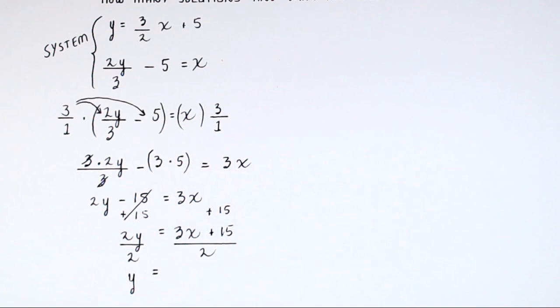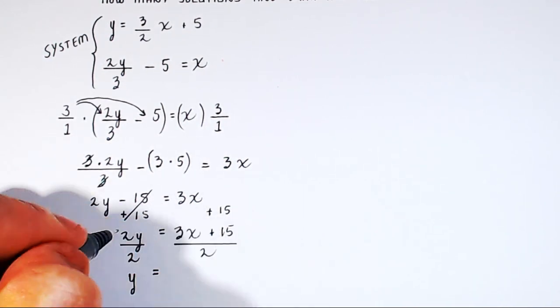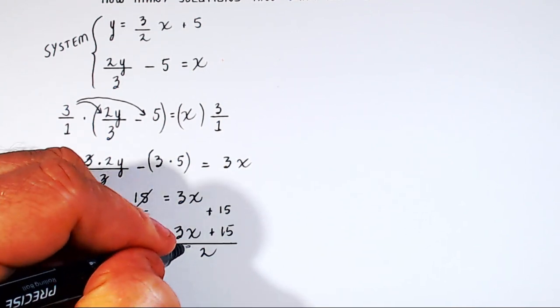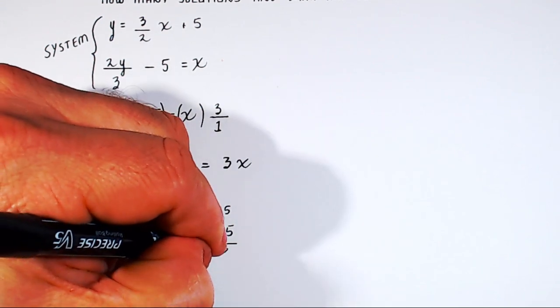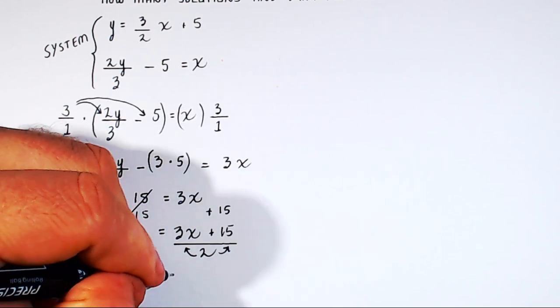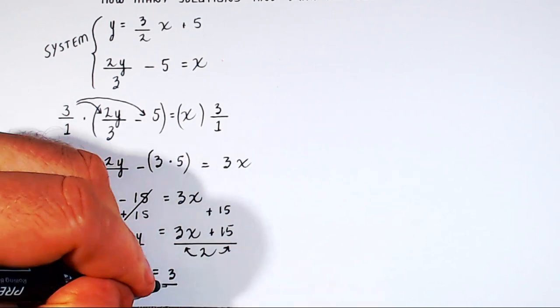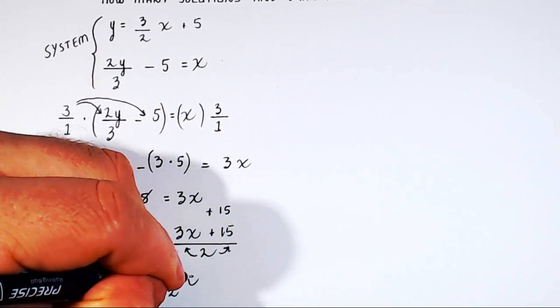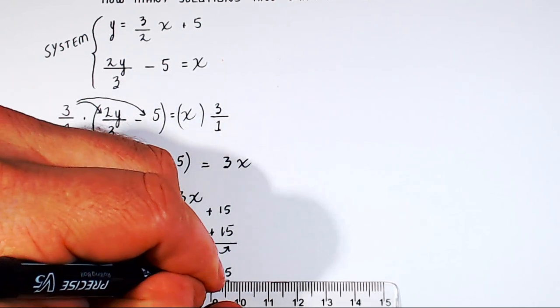And before I rewrite that, let's notice that this 2 has this huge denominator bar above it, which means that both terms separated by the plus sign can have that denominator. So I could actually write this y equals 3 over 2 x plus 15 over 2.